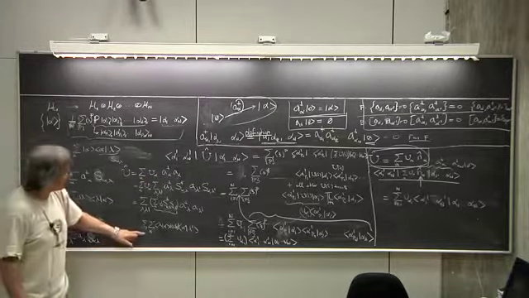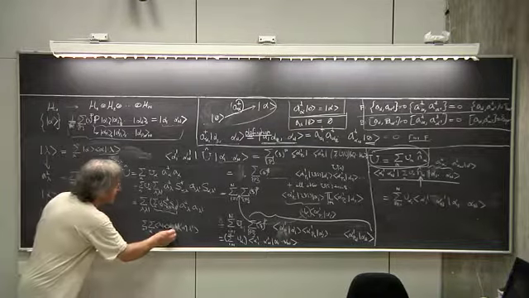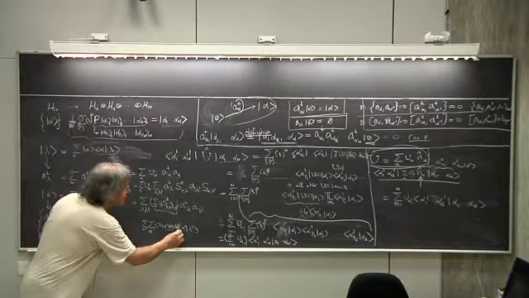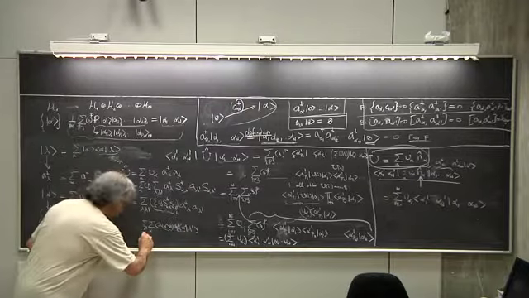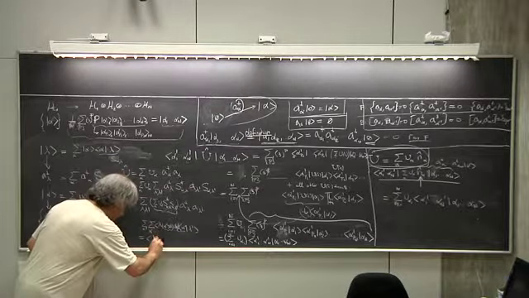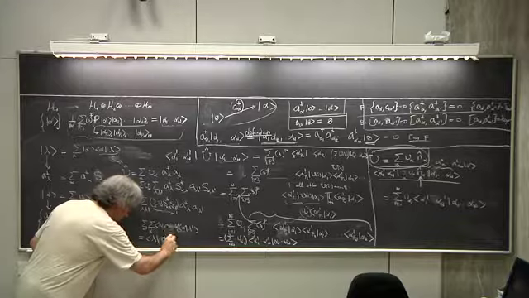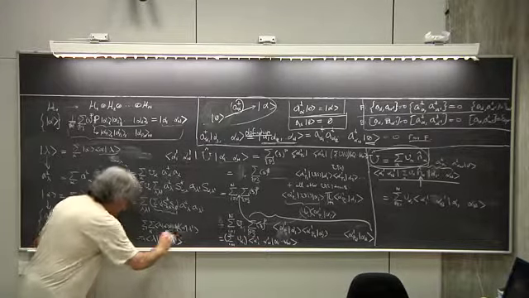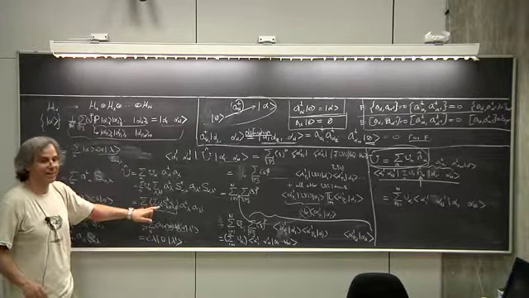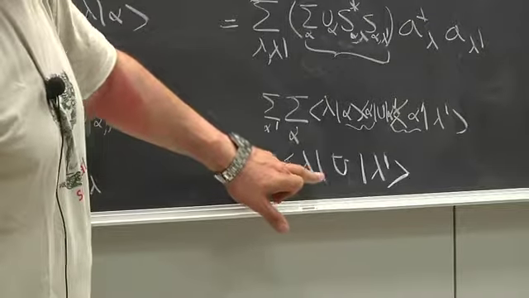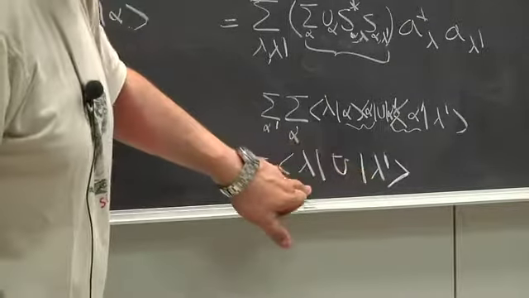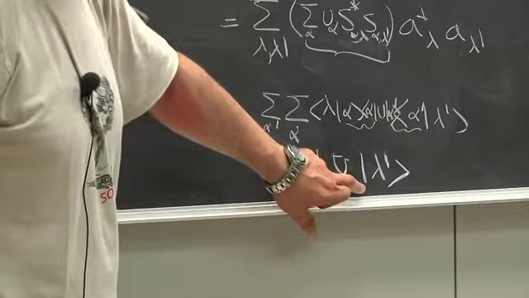Once I write it like this, it's immediately obvious. This is an identity, and this is another identity. So this thing is simply equal to <lambda|U|lambda prime>. So in short, this is nothing but the matrix element of U in the new basis lambda.